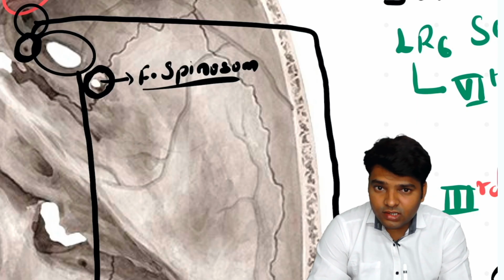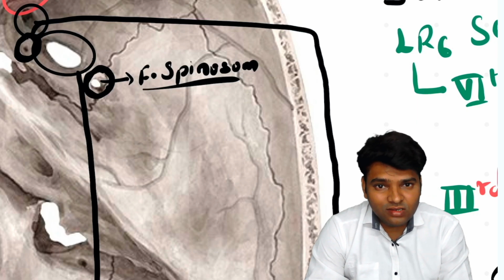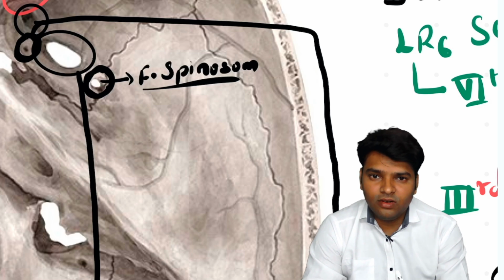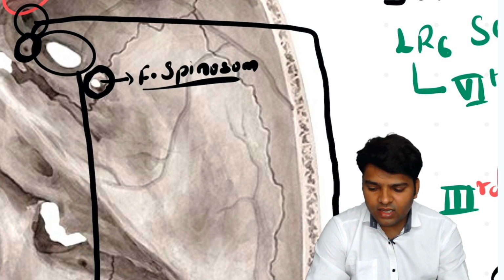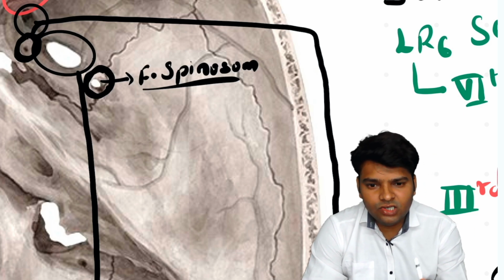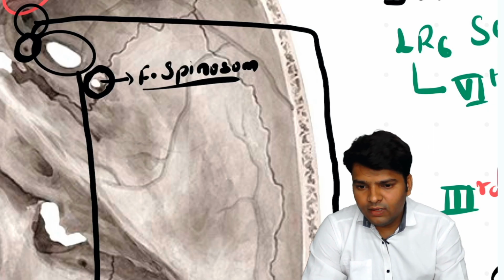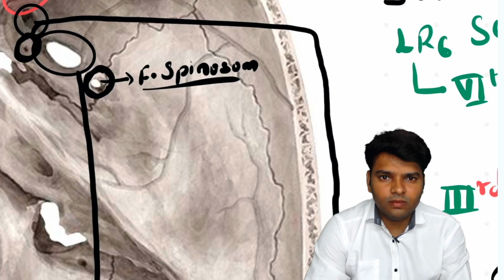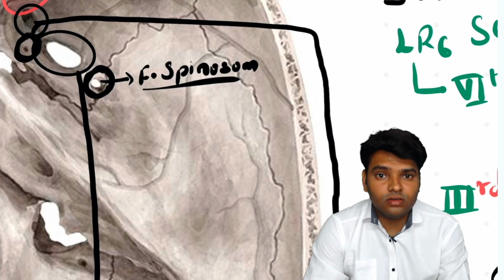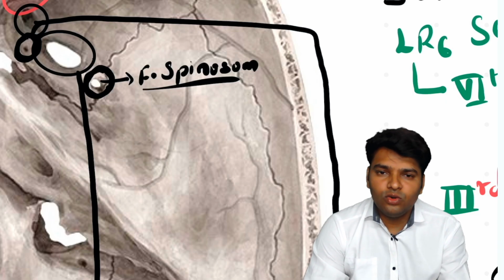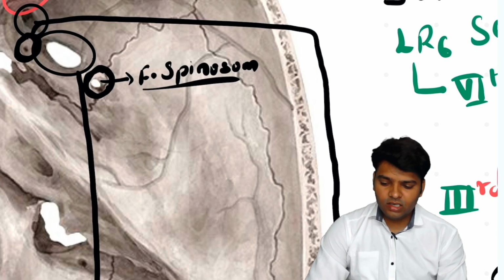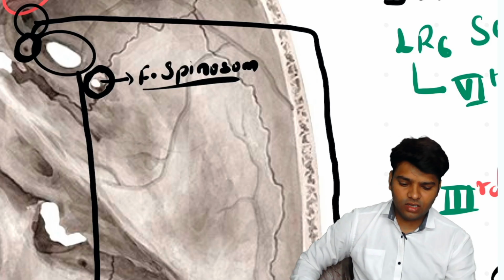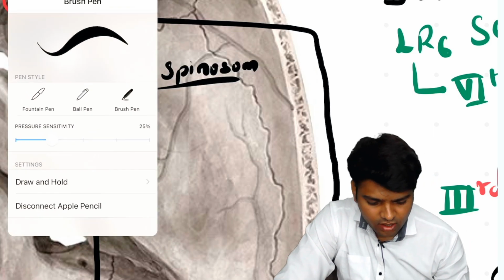Because the first structure passing through is the nervus spinosus, which is the chief nerve to supply the dura mater, and after that the middle meningeal artery passes through the foramen spinosum. It is also the chief artery to supply the dura mater.